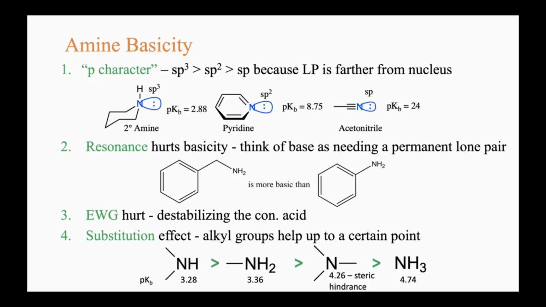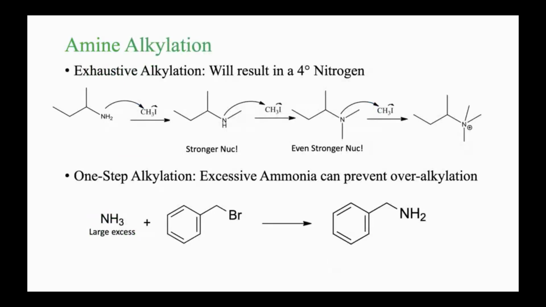So with that in mind, because of this pKb, we still do get an interaction with a tertiary nitrogen and that lone pair being available, but only when compared to the other nitrogens directly do we see that change. And so when we do have exhaustive alkylation, we still will have a strong nucleophile because there still is this electron donation effect from these substituents. And so it will still overcome that steric hindrance and still attack.